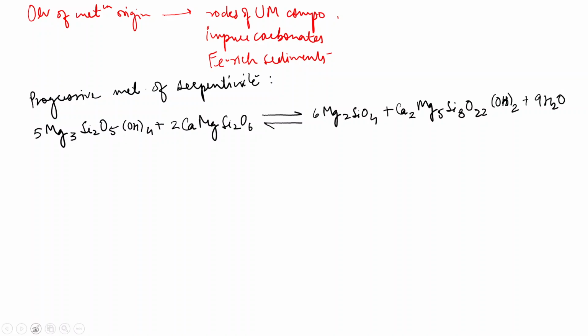So all the minerals: serpentine undergoes progressive metamorphism, combines with diopside to give forsterite, tremolite, and water.